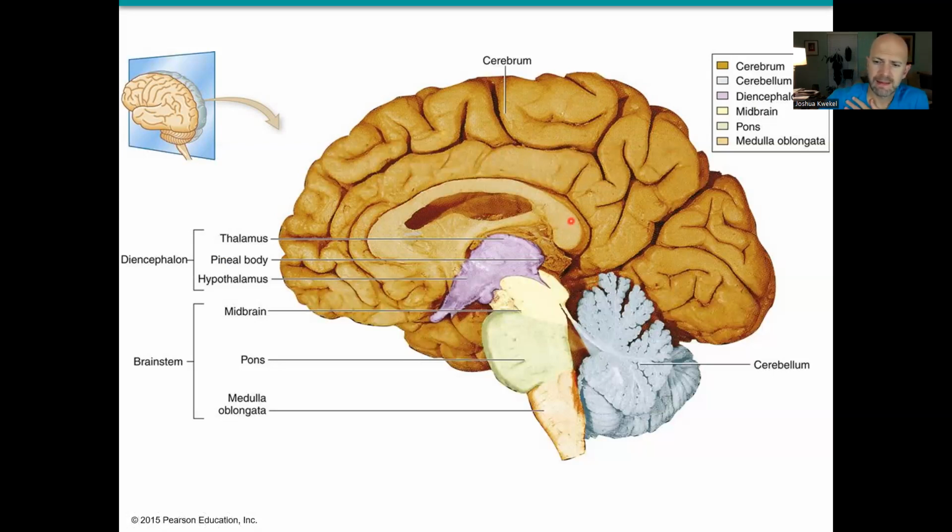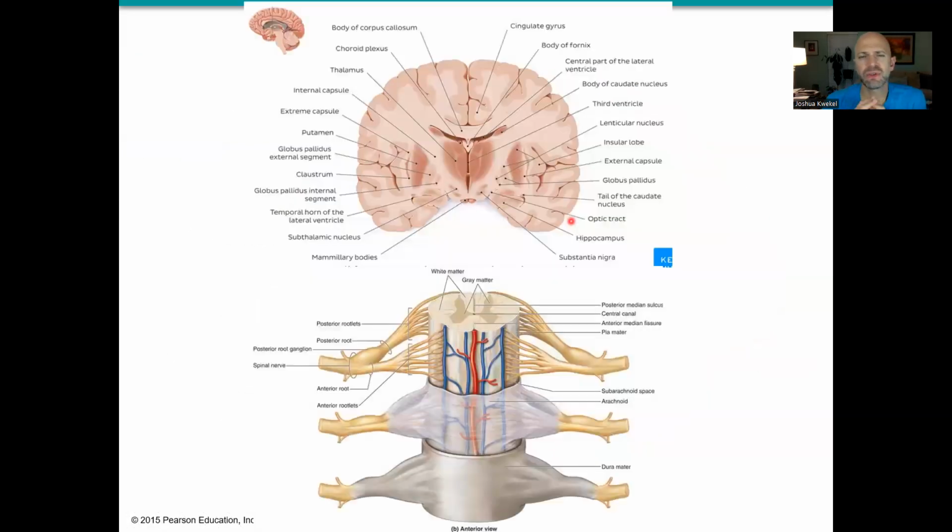All right. The one at the top is not a sagittal section, but a coronal or frontal section. We're separating front from back with this type of section. Let's say you're looking head on at somebody's brain.